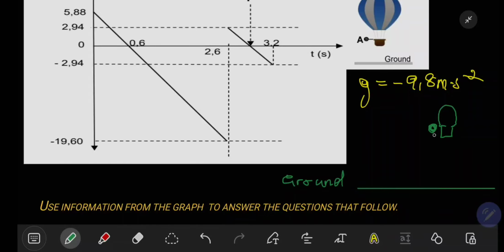So this ball was dropped at a velocity, and then it hits the ground, and then it bounces off the ground and goes up, and then it reaches maximum height, then it comes back to the ground.